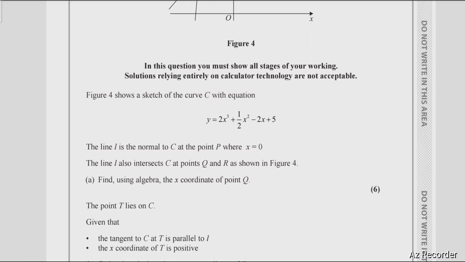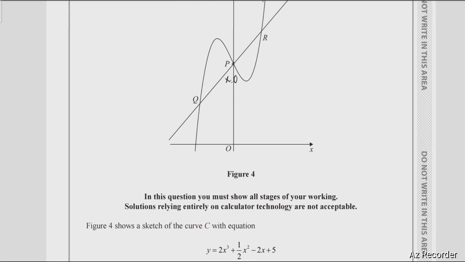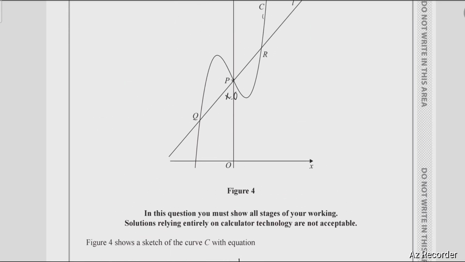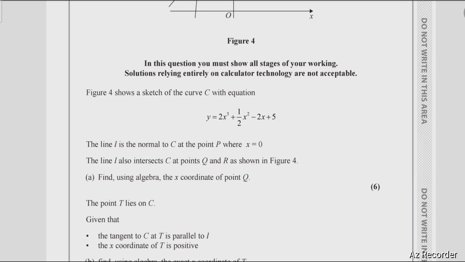The line L1 is the normal to C at the point P, where x equals 0. So it's the normal at this point, P. Find using algebra the x-coordinate of point Q. Okay.